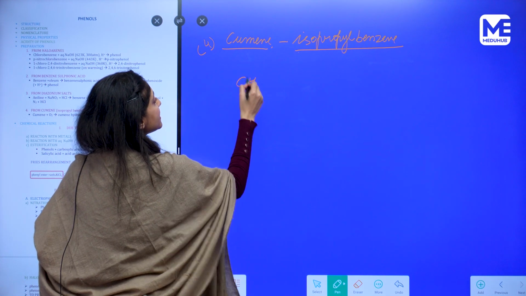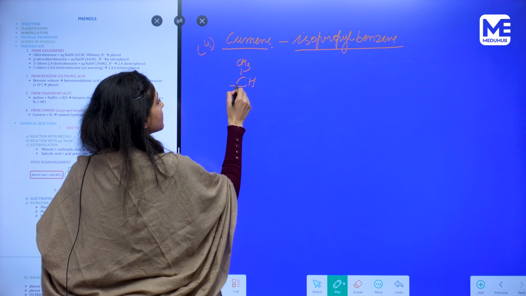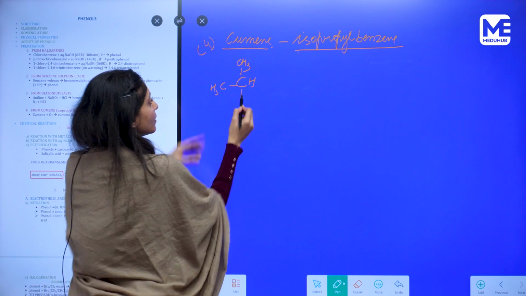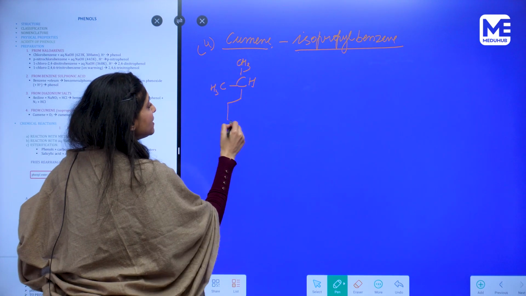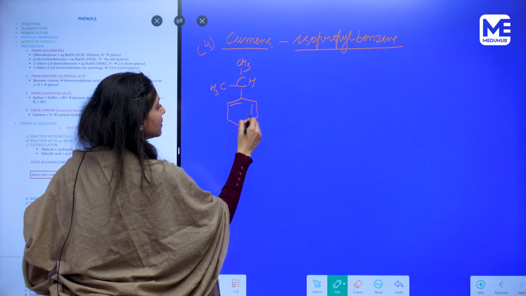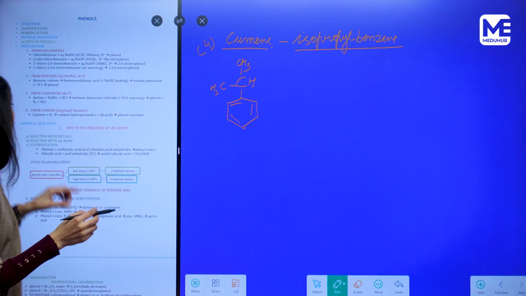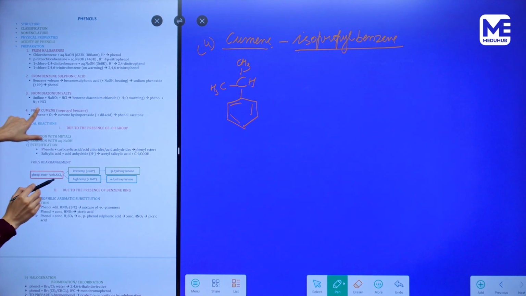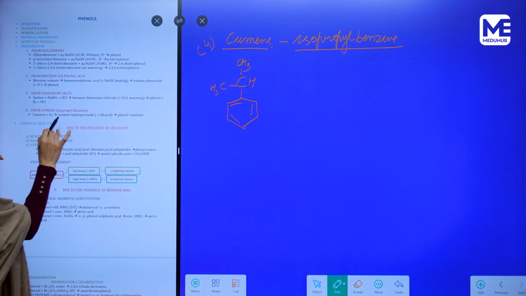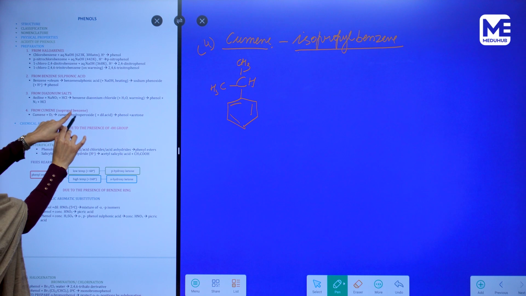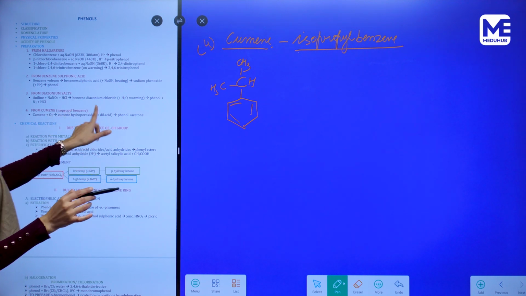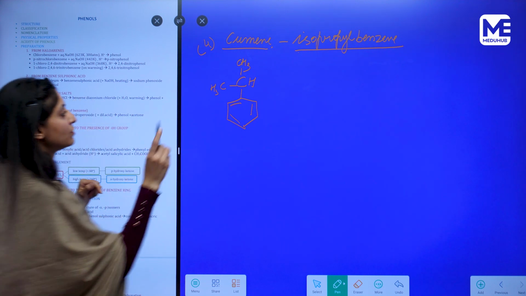Isopropyl group is like this, right? And if you attach a benzene ring to it, we get cumene. So first, cumene in the presence of air gets converted to cumene hydroperoxide, which on treating with a dilute acid gives us phenol and acetone.